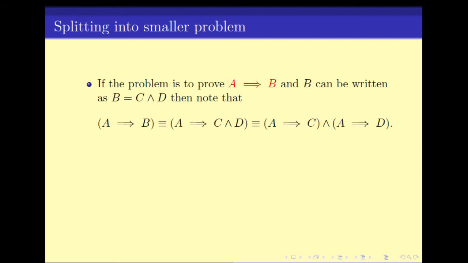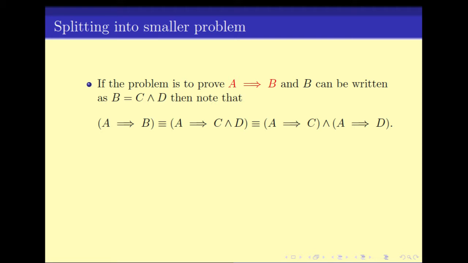Now we started with understanding how to split a problem into two smaller parts: to prove A implies B, the part B can be split up into two separate things.